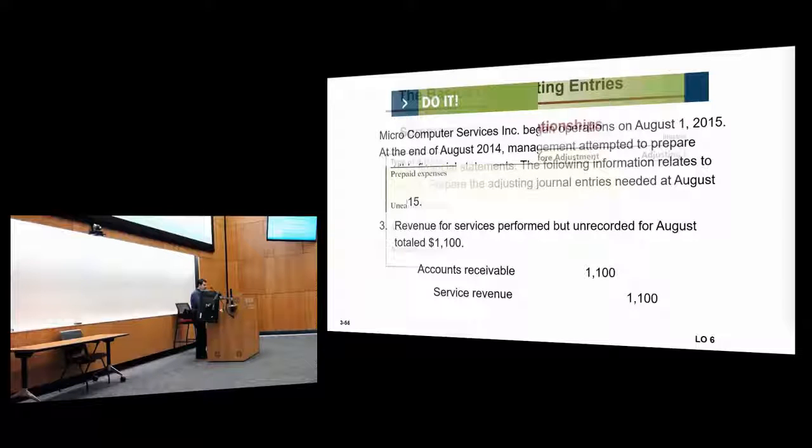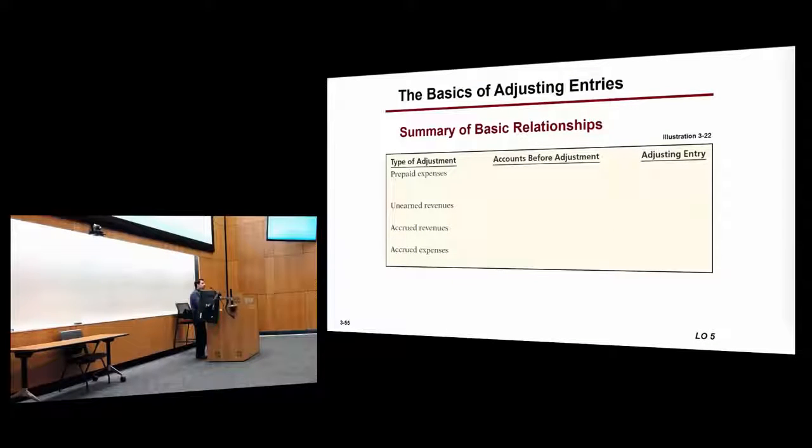So this is a summary for when we have prepaid expenses. The accounts before adjustment: assets are overstated and expenses are understated, because, for example, you have 12 months of insurance and still haven't recognized the 1 month insurance expense. How do you do that?